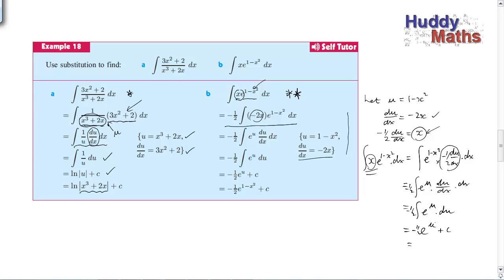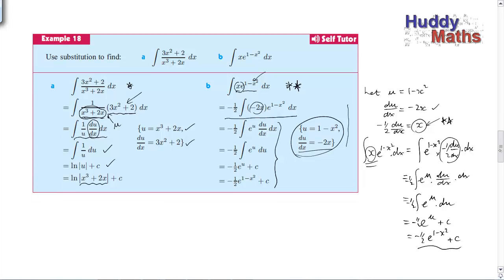Negative a half, and therefore it's negative a half e to the 1 take x squared plus c. So you need to watch those where the product is not the full derivative of that other function. Okay, so watch it. You can look at the setting out here. It's the same idea from here down. It's just a matter of how you adjust the fact that we don't have the full derivative of negative 2x there. Okay, let's do another one.